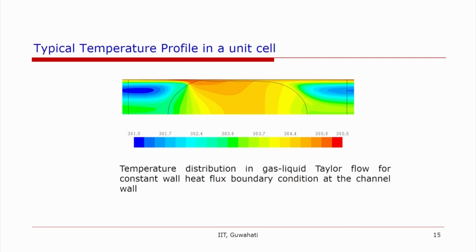Okay. So, let us look at some of the results. This is a typical temperature profile in a unit cell. Why do you see half of the bubble? Because it is an axisymmetric channel, and this is from CFD computations done in an axisymmetric channel.